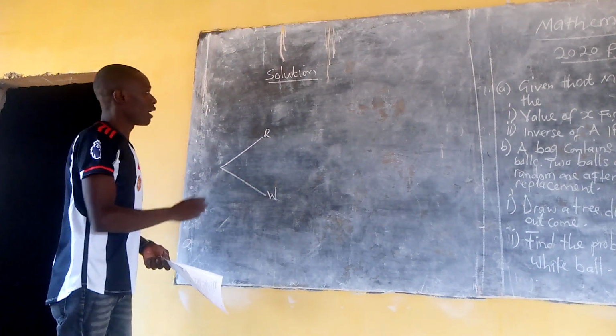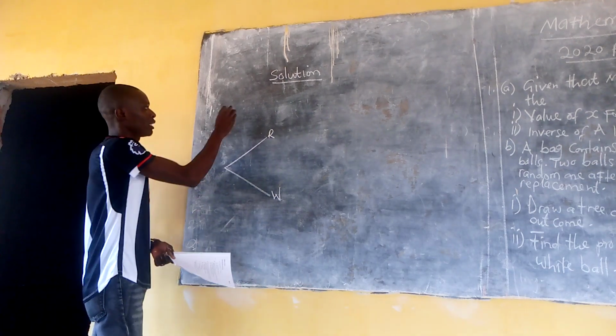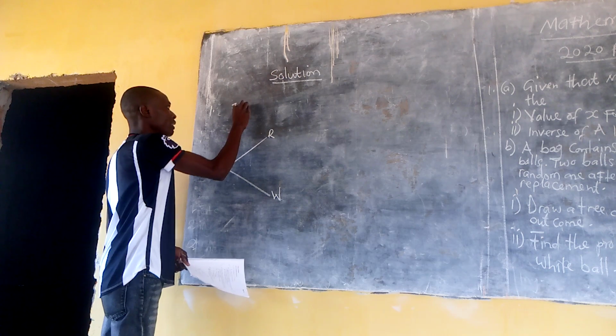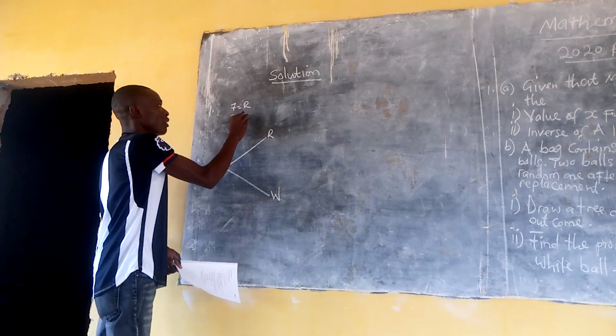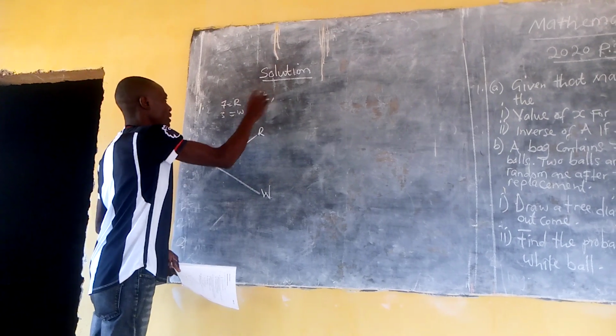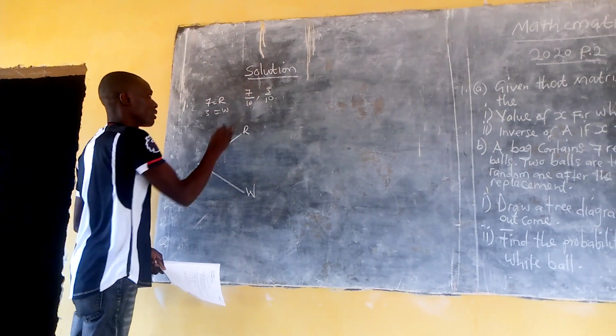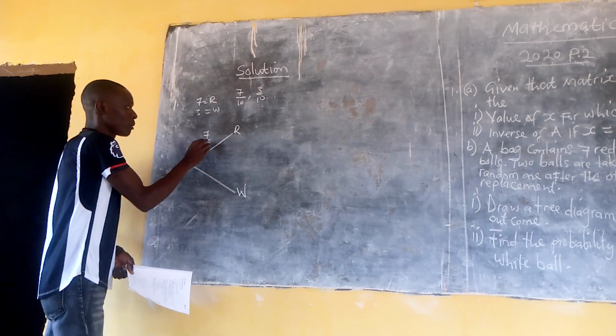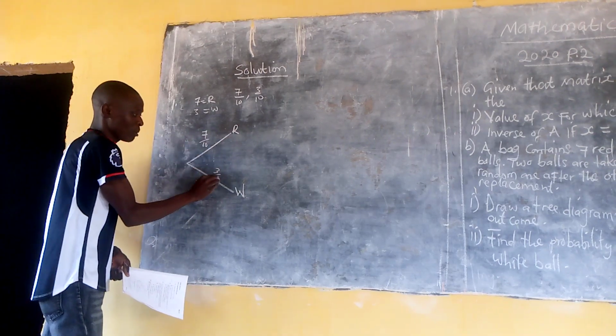Are we together? And then the ratios: we've got 7 which are red, and then 3 white. So the ratios were 7 over 10 and 3 over 10. So this is for red, 7 over 10, and white, 3 over 10.